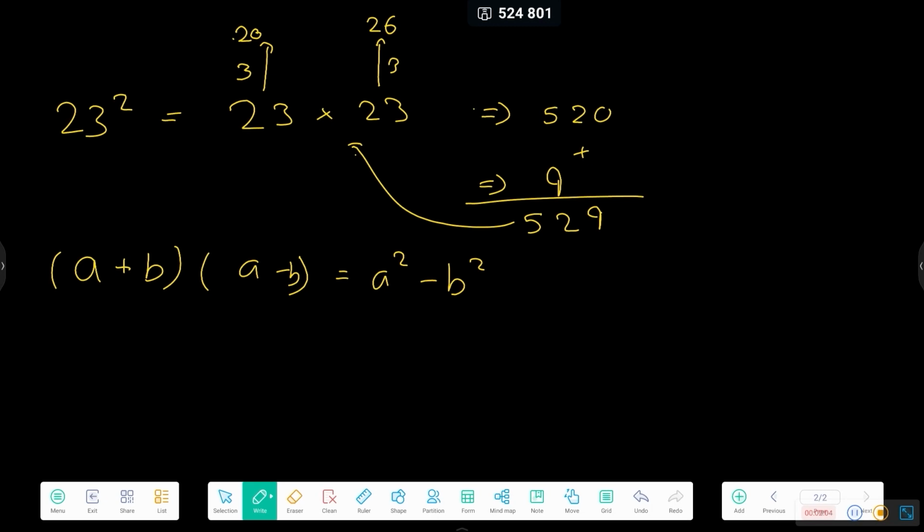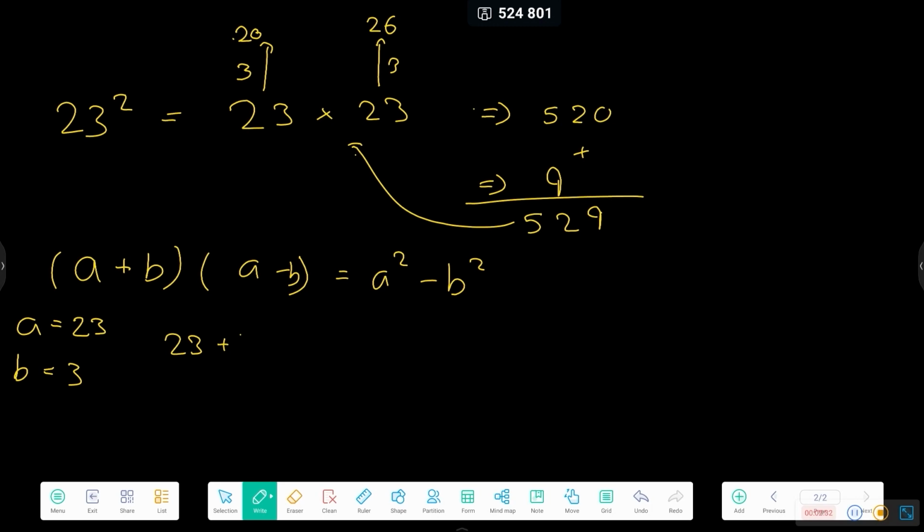This is the algebraic identity which is allowing us to solve such problems in such a manner. Let's substitute to understand how it is possible. A, let's substitute it as 23 and B as 3.